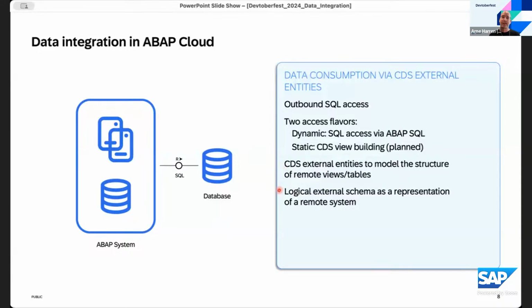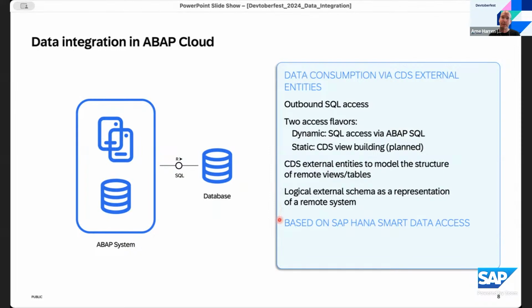Then we have a second artifact, which we call the logical external schema, and that is a representation of a remote system, which is also relevant for the configuration aspects. So you take a logical external schema and map that to a specific remote system with all the configuration data, like the host name, the port, the user, and so on to use.